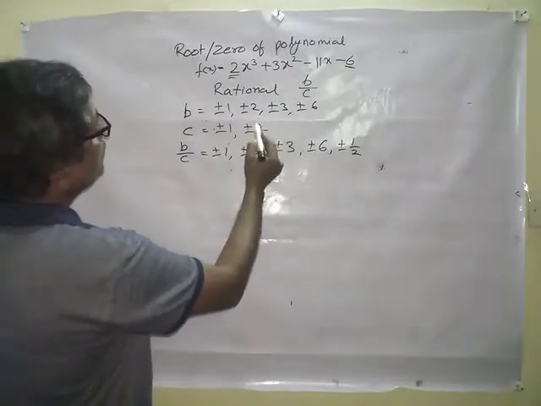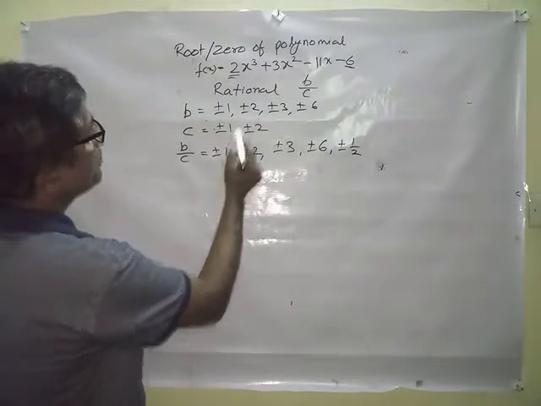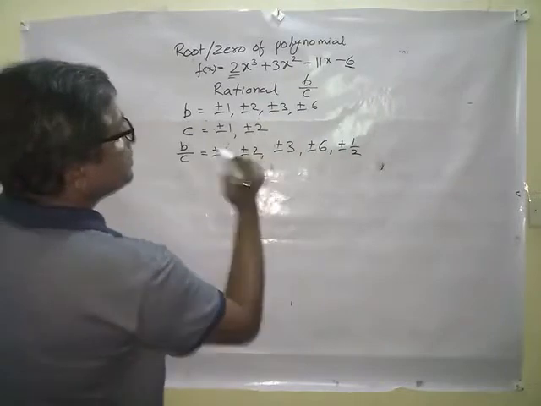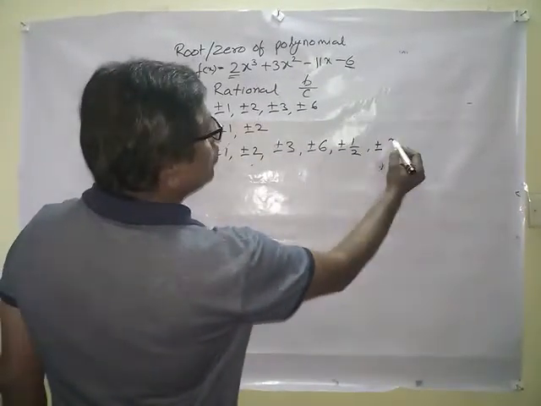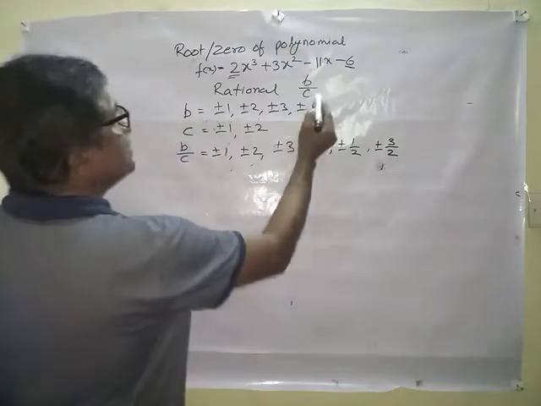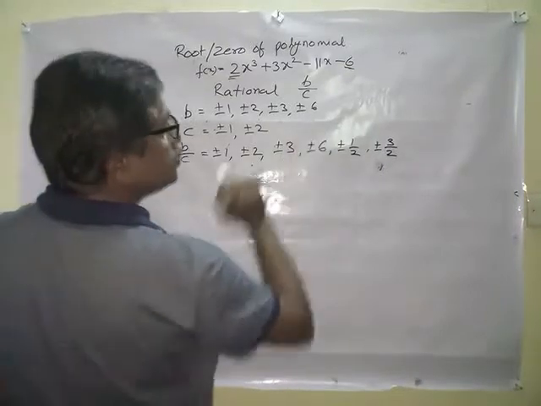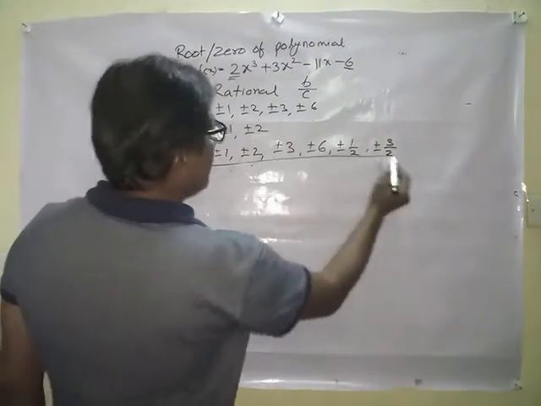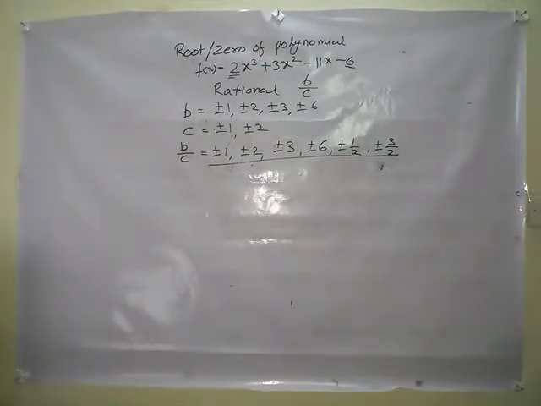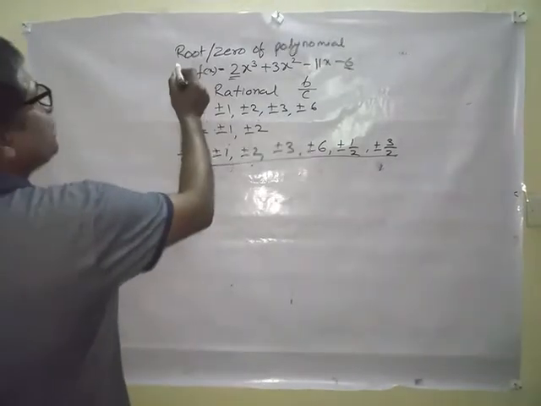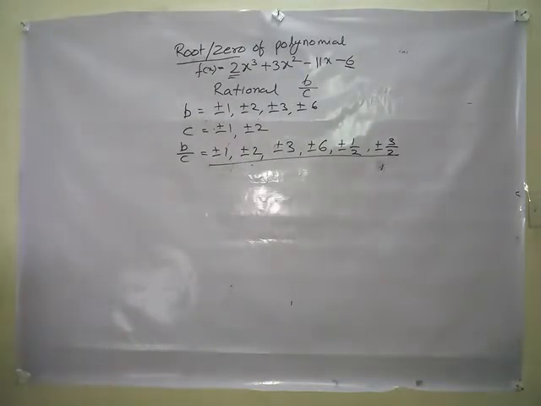Now 2 divided by 2, you will definitely reach plus minus 1, so leave it. 3 divided by 2 will be plus minus 3 upon 2. And 6 divided by 2 gives plus minus 3, so you leave it. So these are the possible values which can be a zero or root of the polynomial equation.